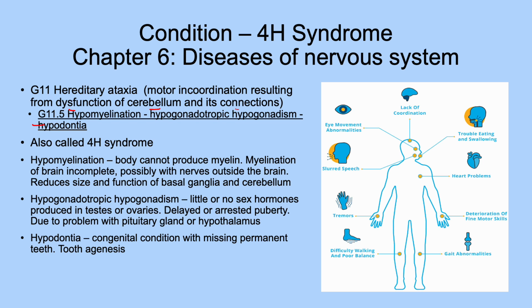So this is the body's not producing myelin, which protects and insulates the nerves. Hypogonadotropic hypogonadism, little or no sex hormones, and hypodontia, missing teeth, missing permanent teeth. So all of these H's have to be met in order to report this.